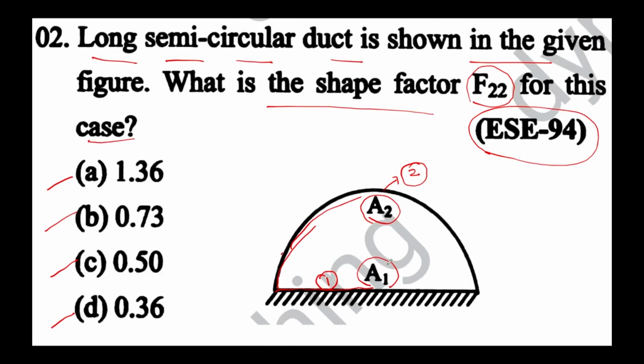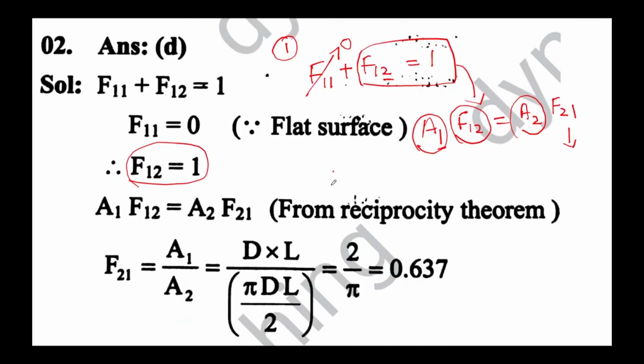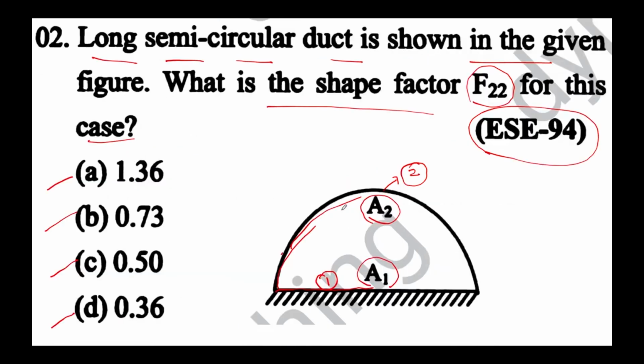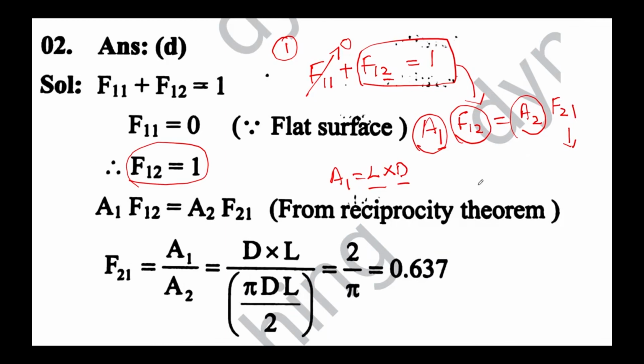You'll see that the first surface is the flat portion, and its surface area will simply be length times diameter. It has a diameter D and a certain length L, so A1 is L into D. Your second surface A2 will be half the surface area of the cylinder, so it is pi D L by 2.